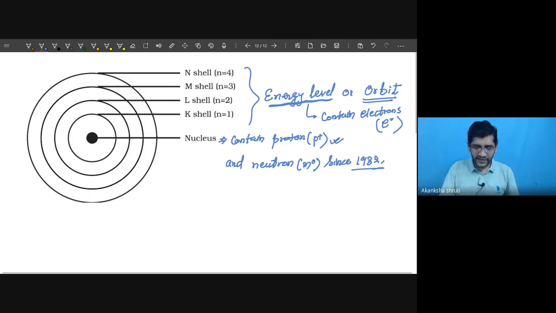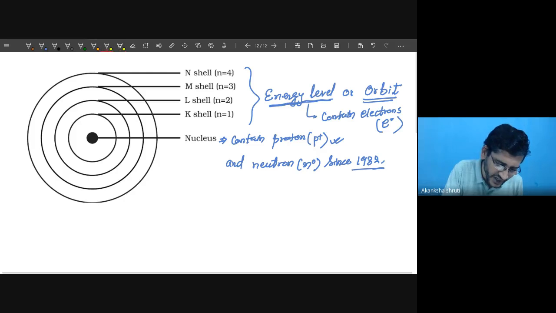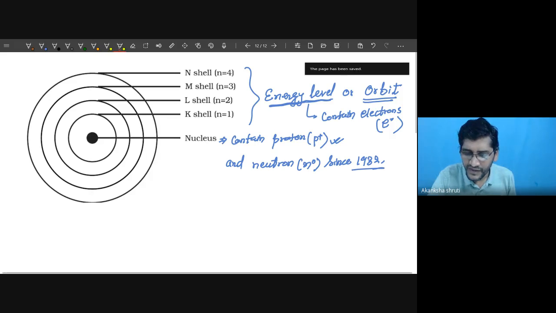Students, now the next one is, these are the orbits. Whatever the outer orbit is, this outermost orbit that you are considering, itself represents the size of the atom. Okay, students? So this outer one corresponds to the size of the atom.